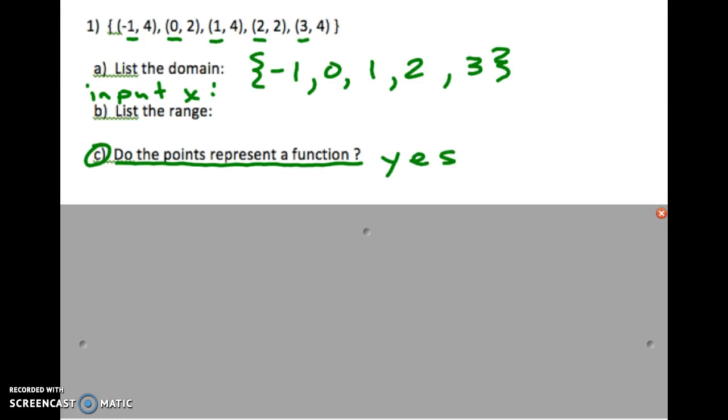As far as the range goes, these are the output values, which are typically the y values. So let's look at those y values. We got 4, we got 2, we got 4 again, we got 2 again, we got 4 again.